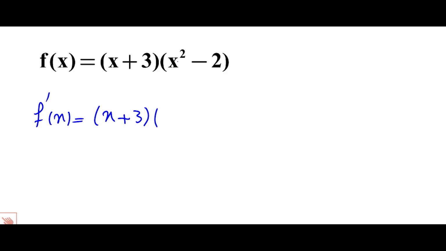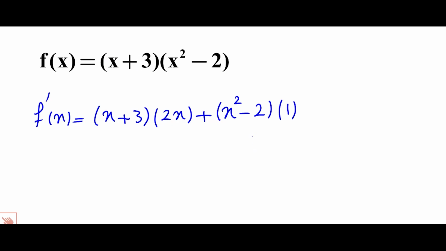So the derivative of x squared is 2x and the derivative of any constant is nothing, plus the second function as is, x squared minus 2, times the derivative of the first function. The derivative of x is 1 and the derivative of 3 is nothing, so we have 1.